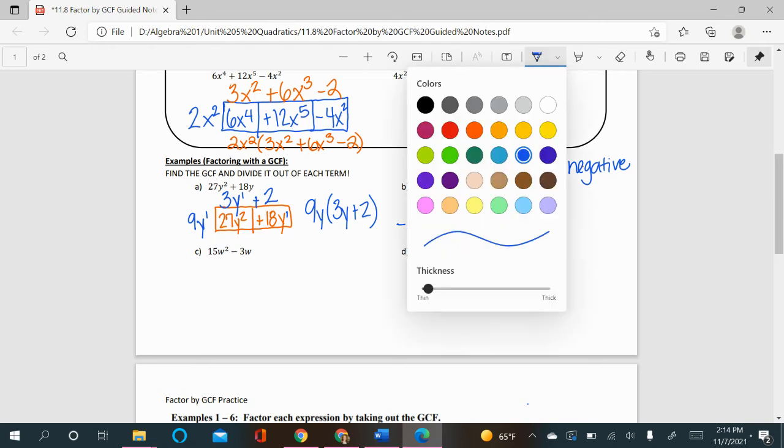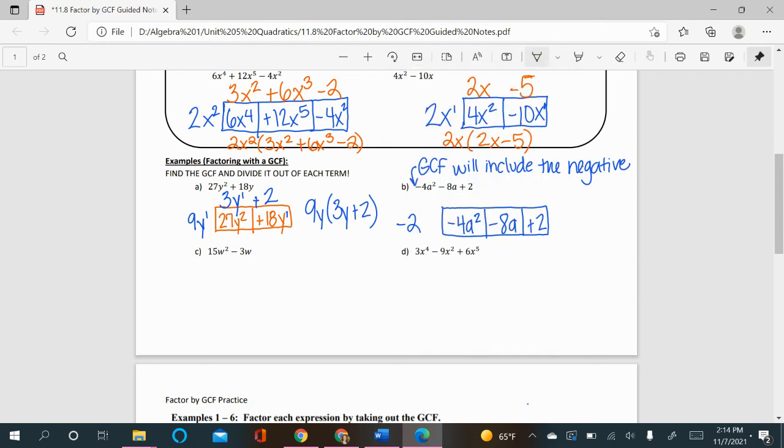So when I divide that out, -4 divided by -2 will be 2. And I'm keeping that a squared. And then I need a -8. So -2 times 4a will give me the -8a.